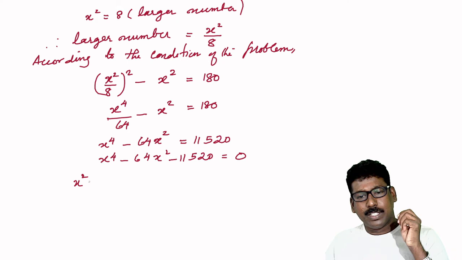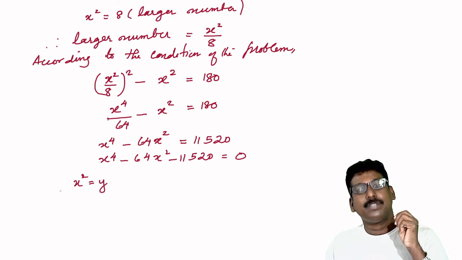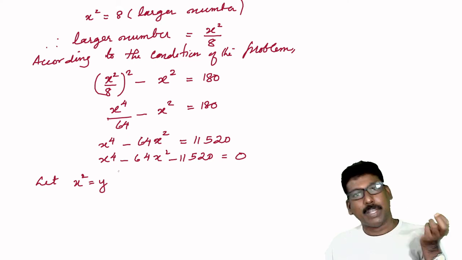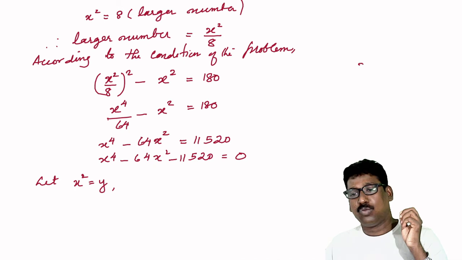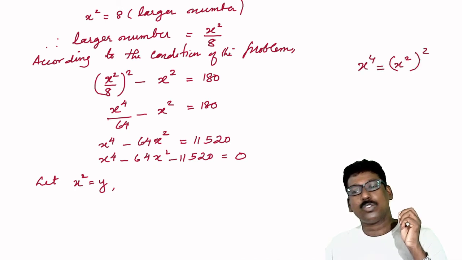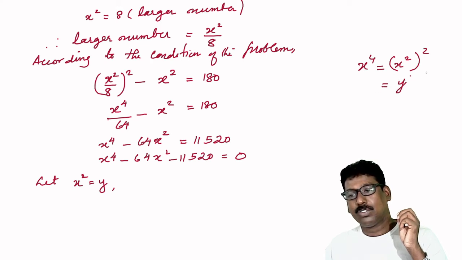x square is equal to y. So let x square be equal to some other variable y. Then what is x raised to 4? x raised to 4 means x square the whole square. That is, x square you took as y, so it is equal to y square.